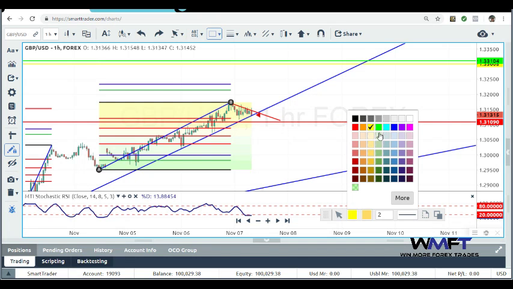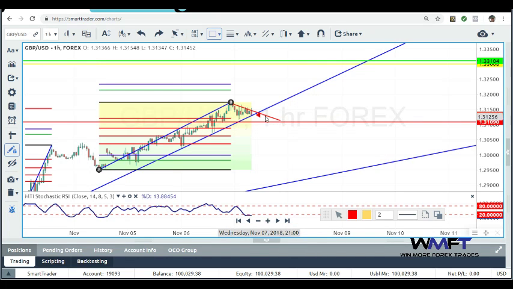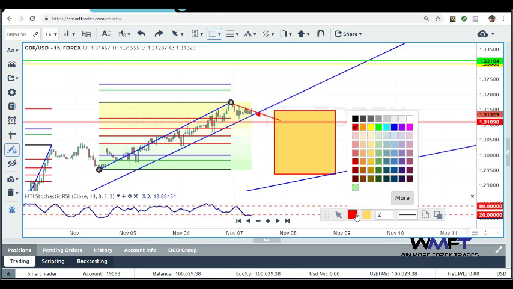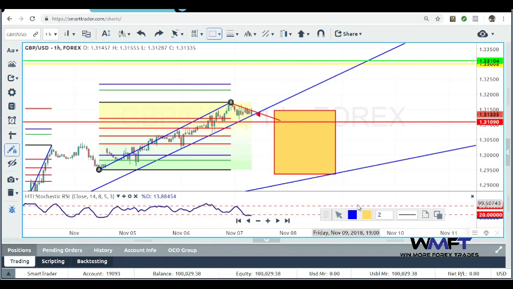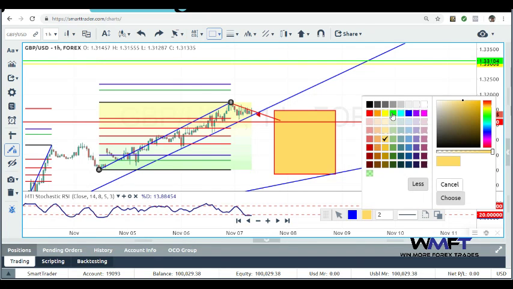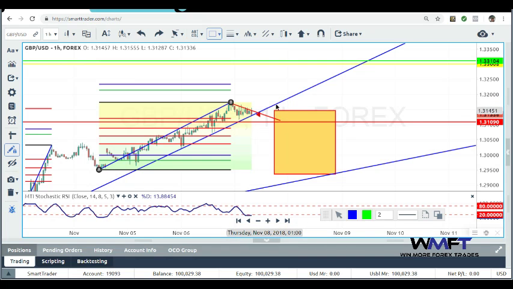Let's see, the trade should look something like this. Well, for me, once the market breaks bullish, I will get into the trade, and my stops will be 10 pips below the A, and I will be going for this reward here.